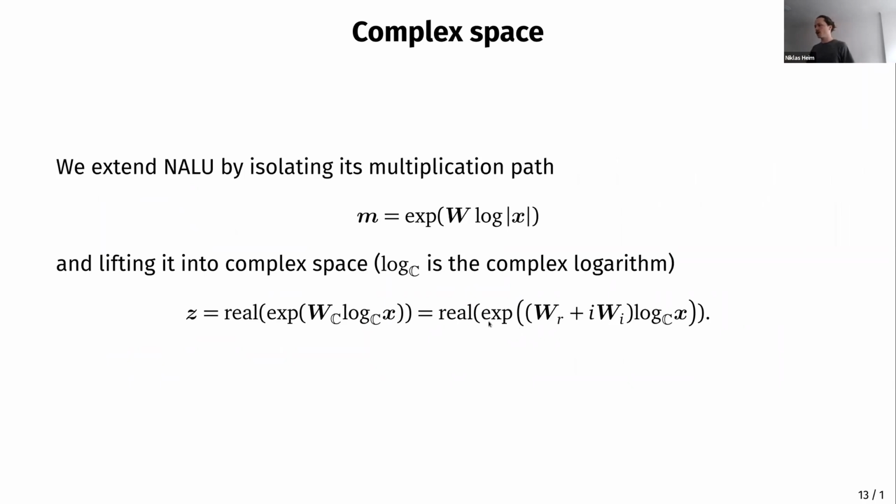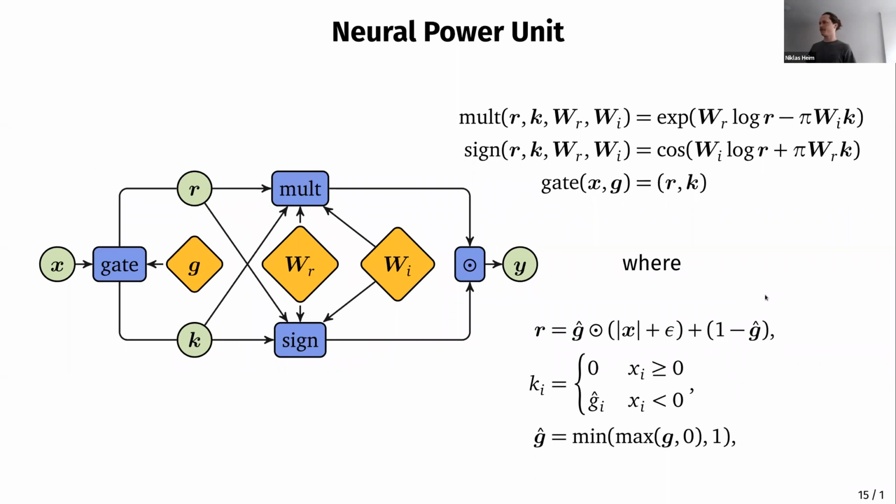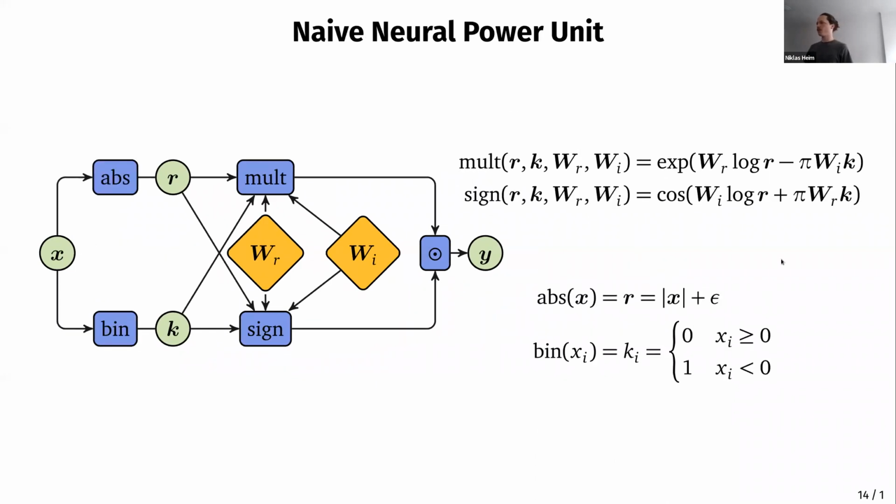And if I now use Euler's equation on this, I can do some math to arrive at these two equations, which now represent a layer that can do multiplications and divisions of inputs, including arbitrary power functions, while processing negative inputs correctly, right? Okay.